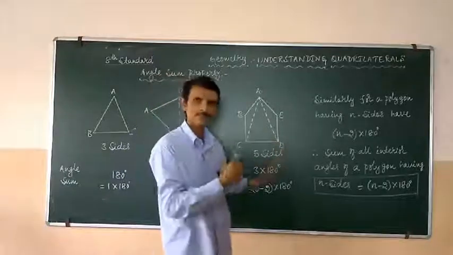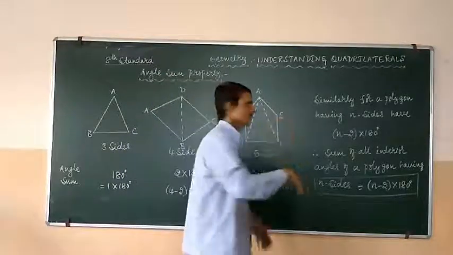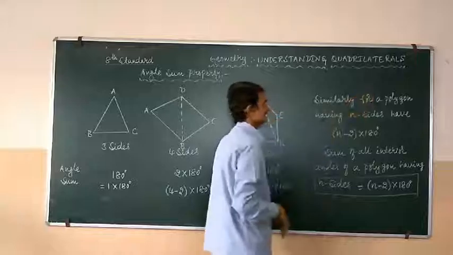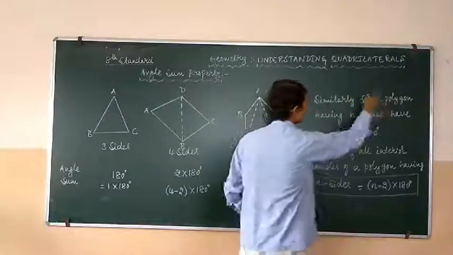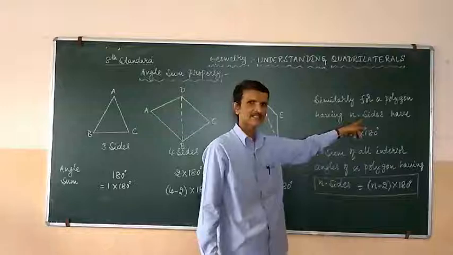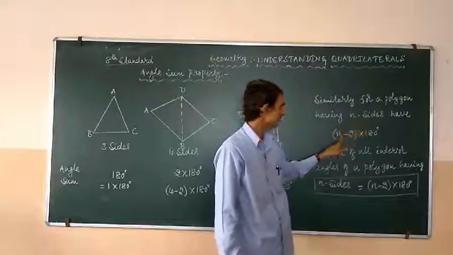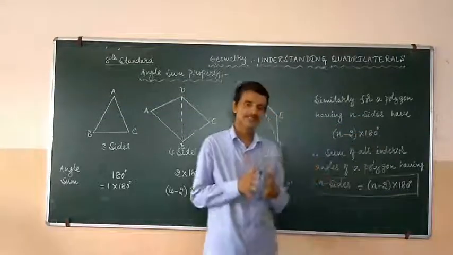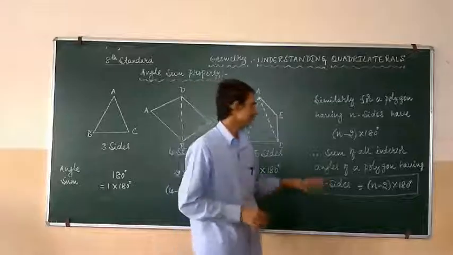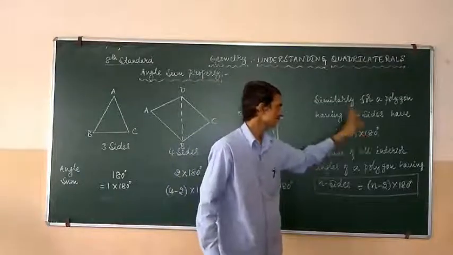Similarly, if you go on writing like this, for a polygon having n sides, the sum is n minus 2 into 180 degrees.